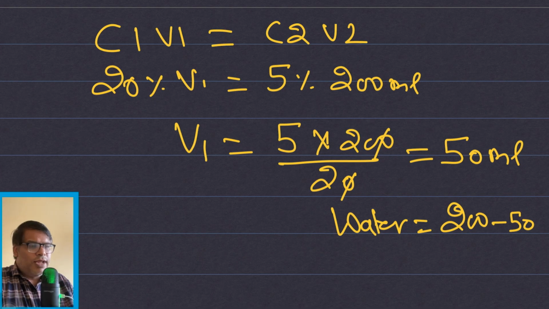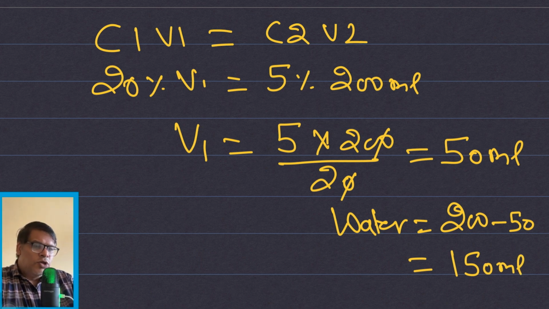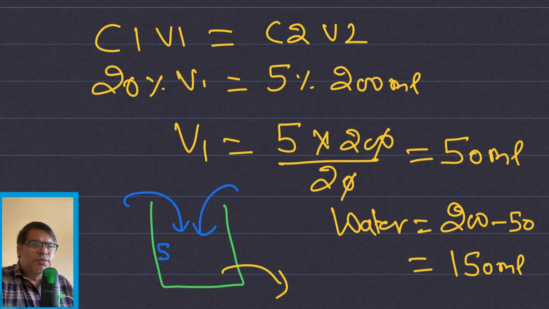So you will add 150 ml of water. Here, from the stock A you will take 50 ml and add 150 ml water. This way you have prepared 200 ml of 5% solution of X.